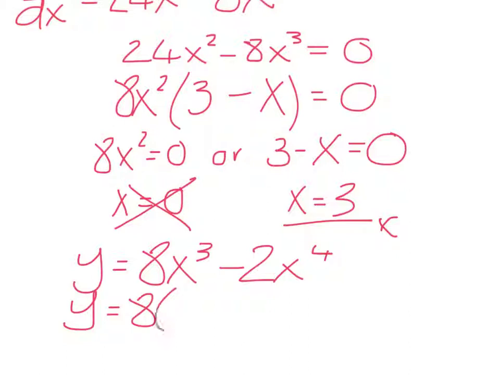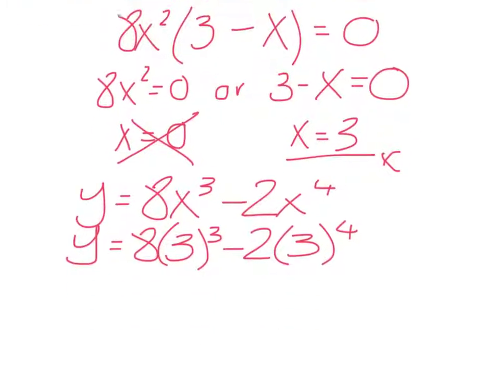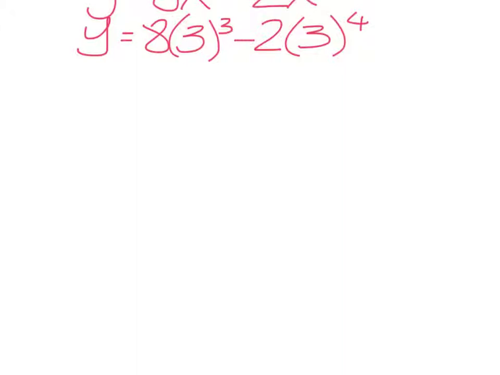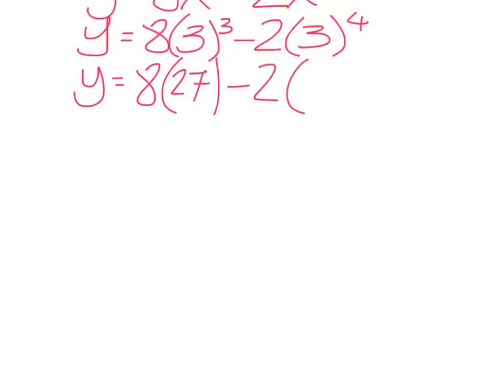So that's 8 times 3 cubed minus 2 times 3 to the power of 4. Move this up to give us space. So that means y equals 8 times 3 cubed. 3 times 3 times 3 is 27. Take away 2 times 3 to the power of 4, which is 3 times 3 times 3 times 3, which is 81.